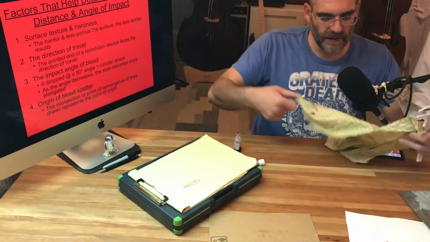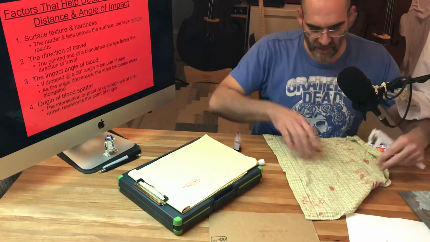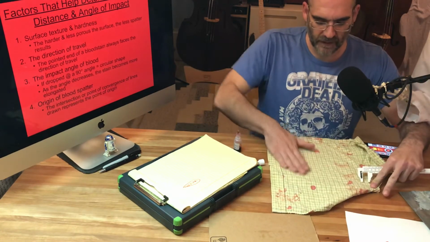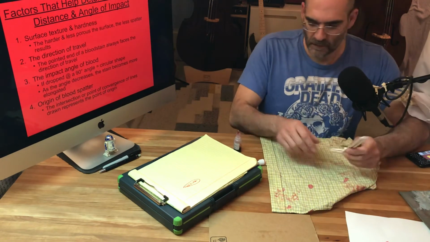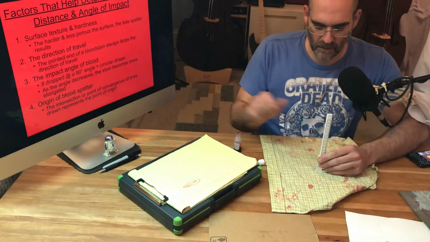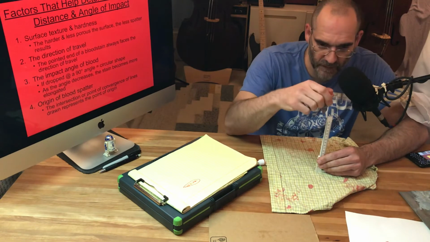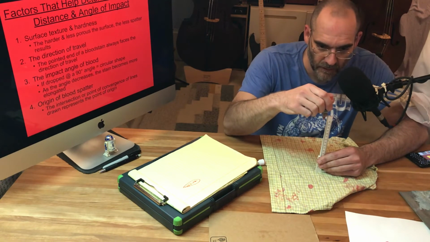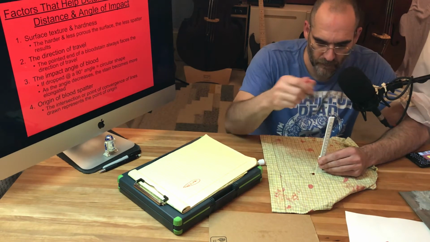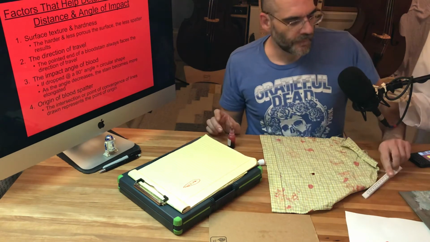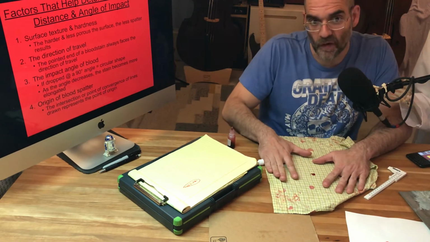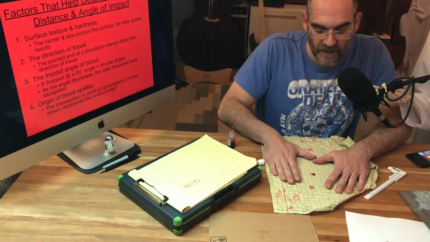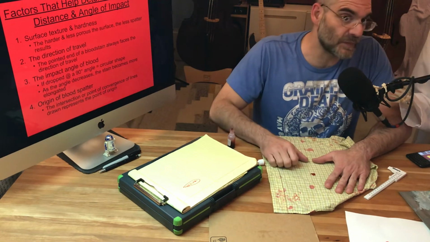So now we can use our piece of fabric, right here in this spot, and we will hold this guy up to here. Now, of course, as you can see, the more porous and the more time given, this is going to spread out.